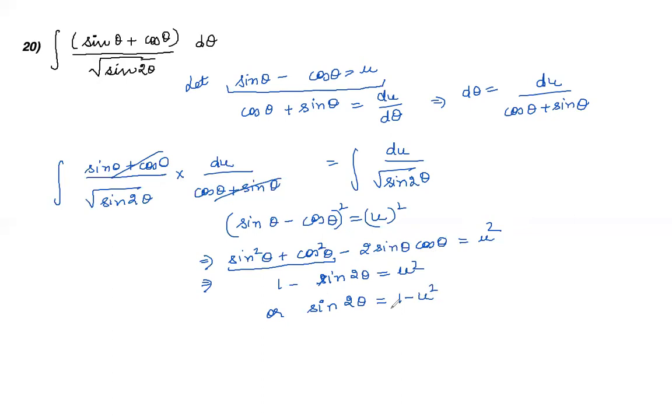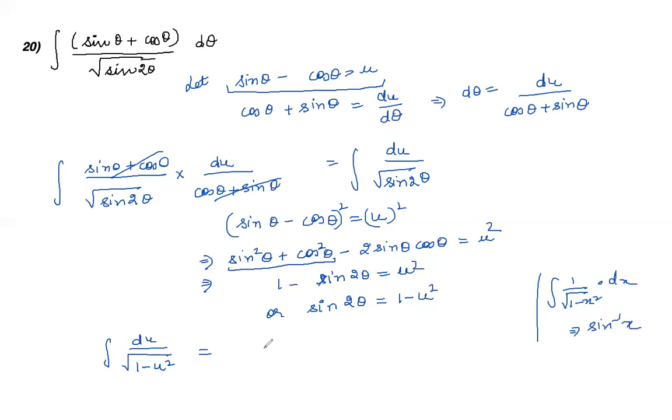Okay, now I'm going to put the value again. So it would be integration of du upon under root 1 minus u square. Also, we know that the integration of 1 upon under root 1 minus x square into dx gives us sine inverse x.